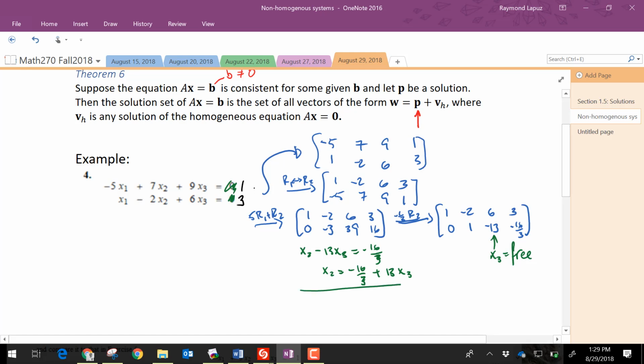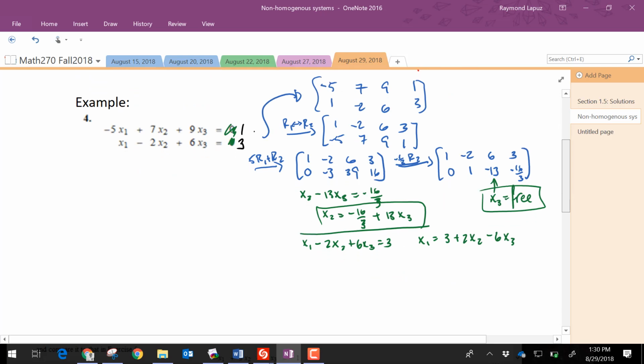Okay, we didn't reduce it all the way, so we're going to have to do a little bit more work here now. Let's box this, and now to get x1 minus 2x2 plus 6x3 equals 3. So x1 is equal to 3 plus 2x2 minus 6x3.